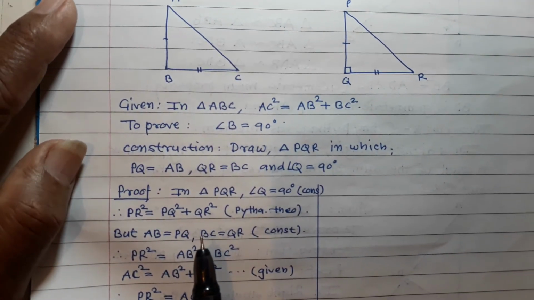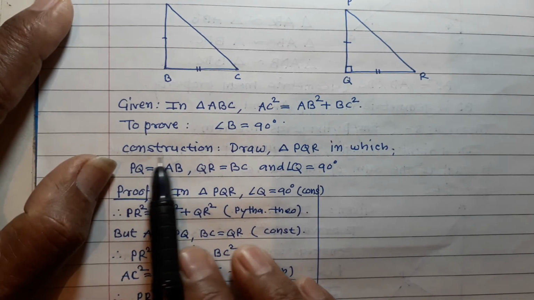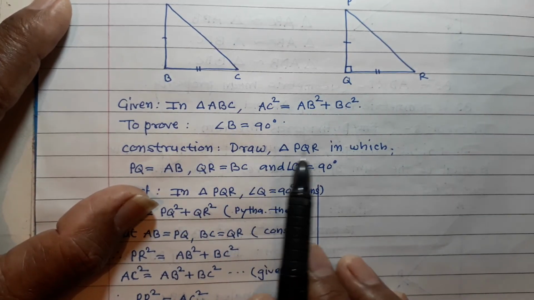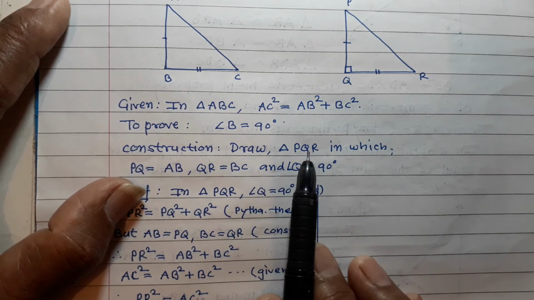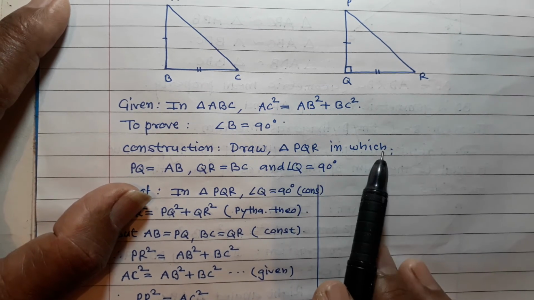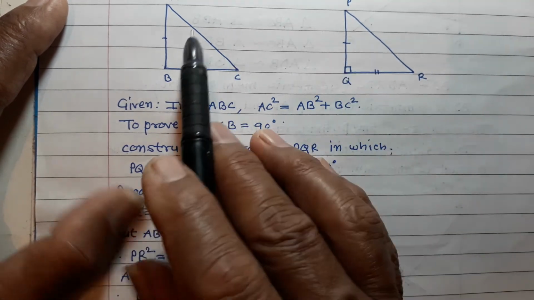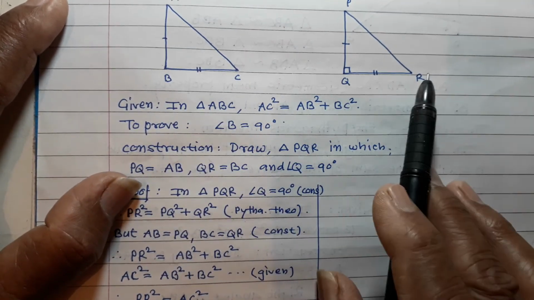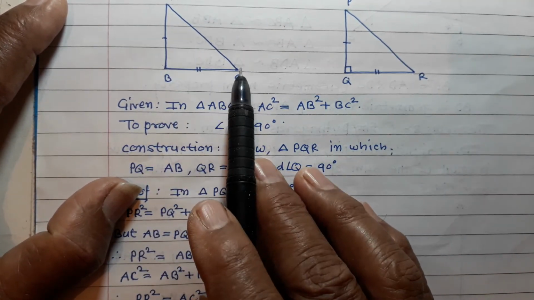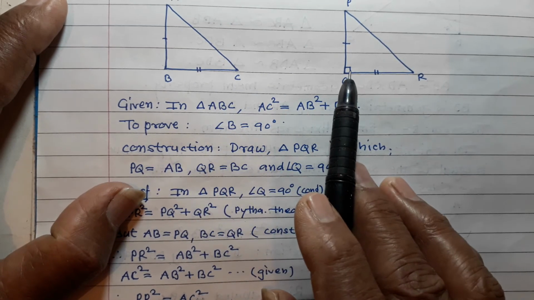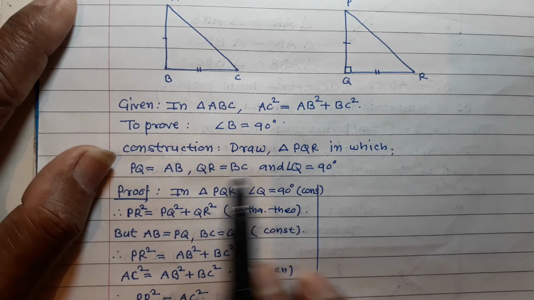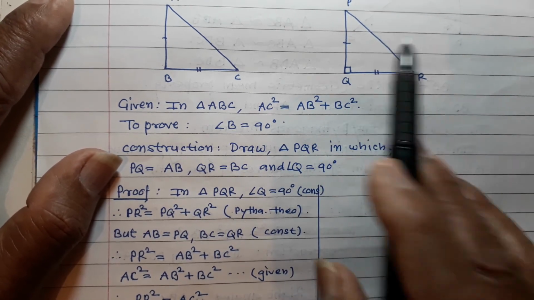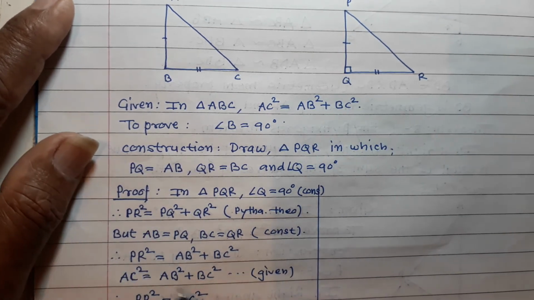Now construction is very important. Construction: draw triangle PQR in which PQ is equal to AB, QR is equal to BC, and angle Q is equal to 90 degrees. In this way you draw this triangle, and then try to understand the proof.